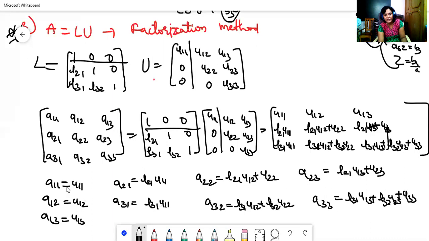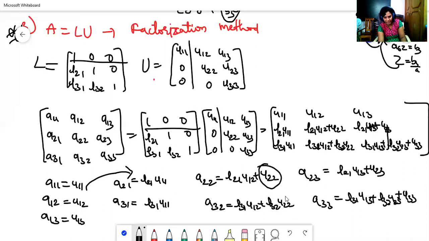Solving these equations, we know A11, A12, A13. Substituting these values here, we get L21, L31, and U11. Then here we can substitute: L21 we know the value, U12 is also known. From this we get U22.